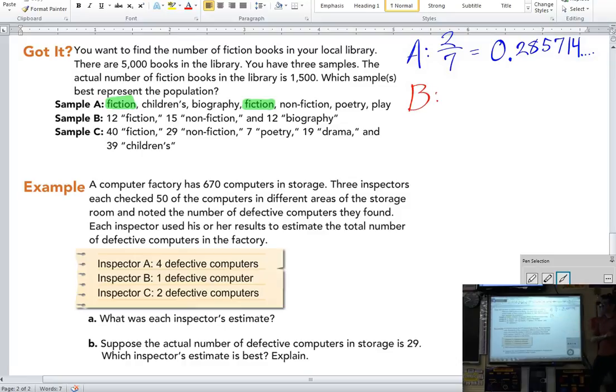Sample B, what Sam brought back, we can easily see she had 12 fiction compared to 12, 12, and 15, which is 39. 12 divided by 39, I do not have this one memorized.